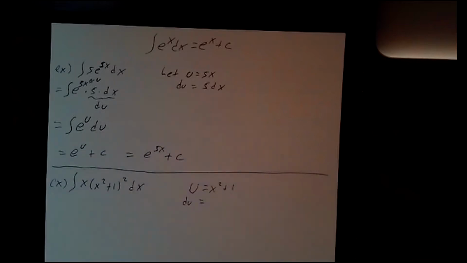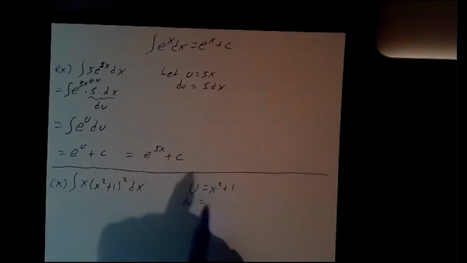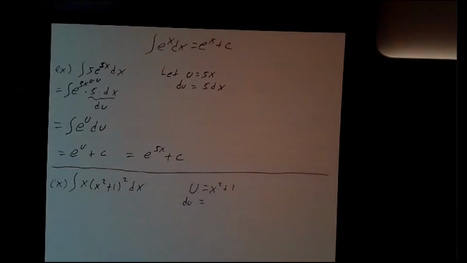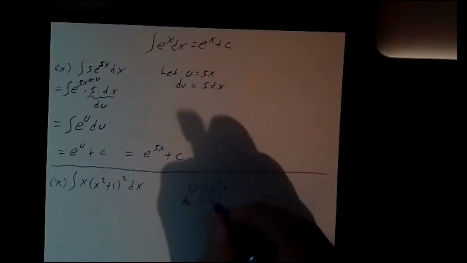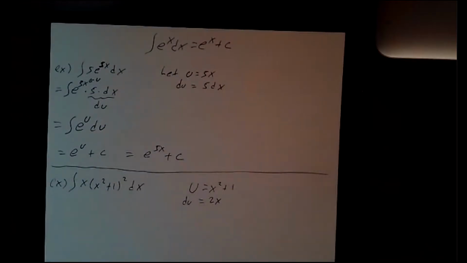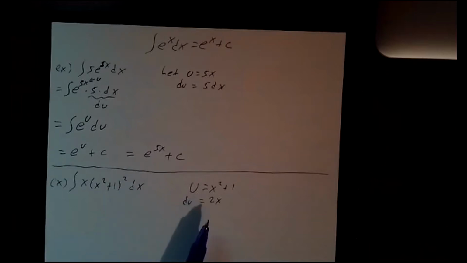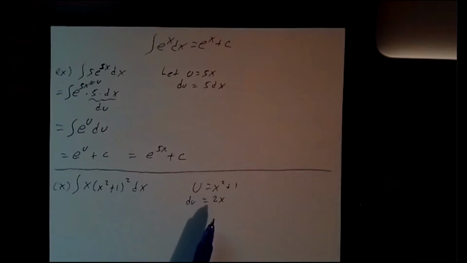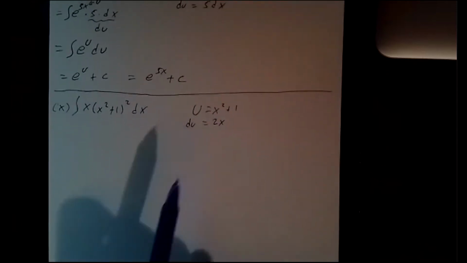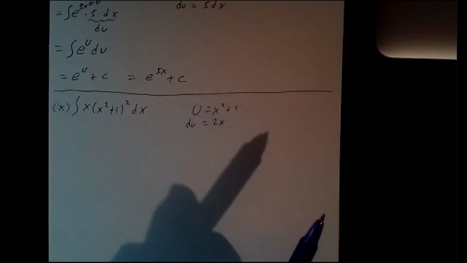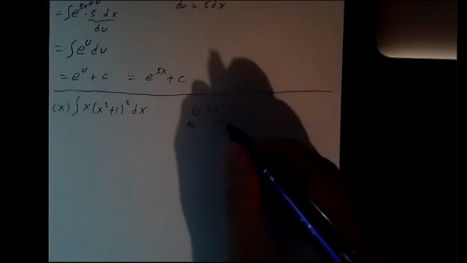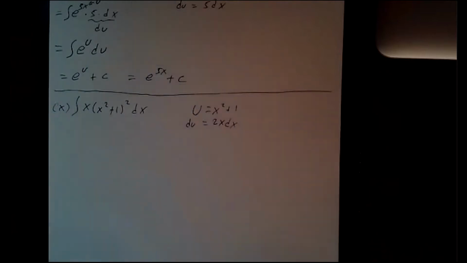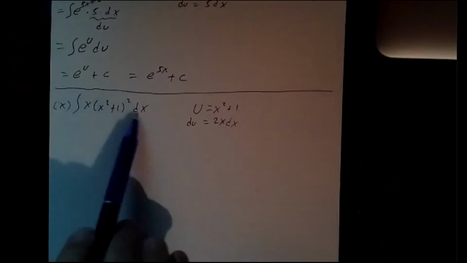It has to be the derivative of both sides. So du is 2x. Sorry, yeah, 2x. Okay, but do you notice the problem for the substitution? Do you notice that there's no 2, right?